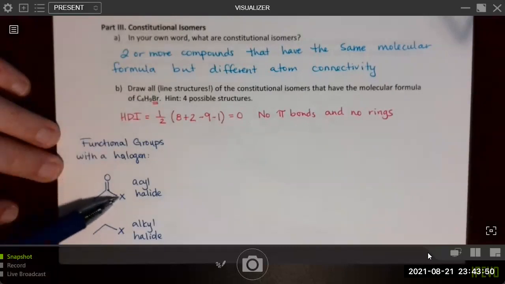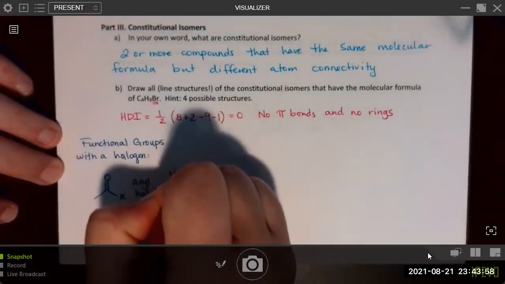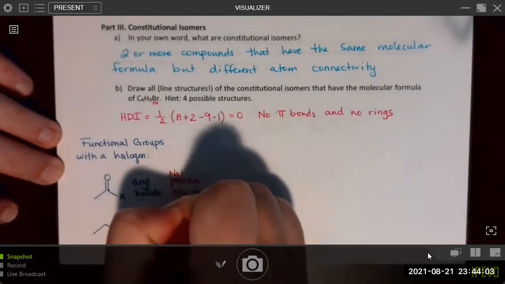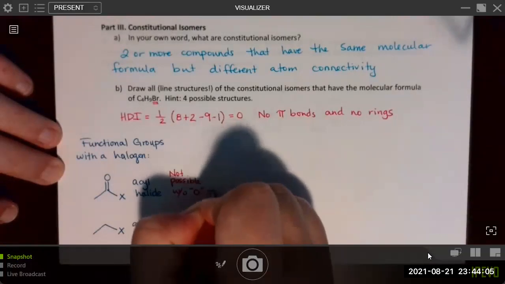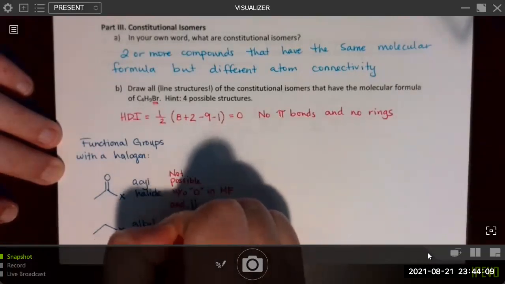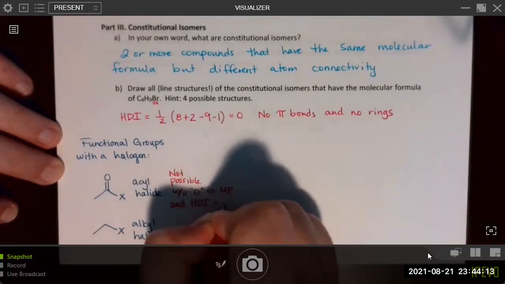So an acyl halide is not possible without oxygen in the molecular formula and an HDI equal to or greater than 1.